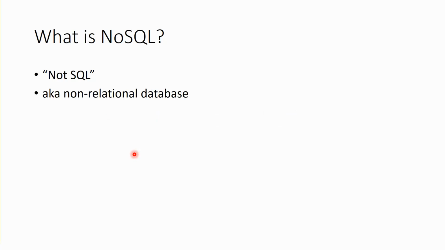So, what is a NoSQL database? As the name suggests, we all are aware of what a SQL database is, right? A structured query language, or a relational database. So we all are aware of what SQL is. Now, what NoSQL stands for is that it's not SQL.